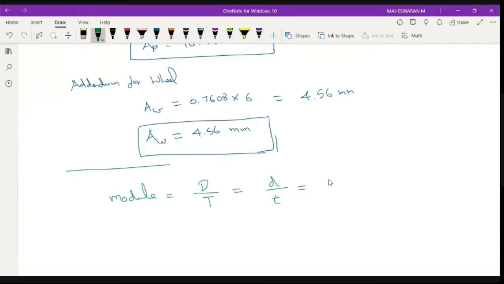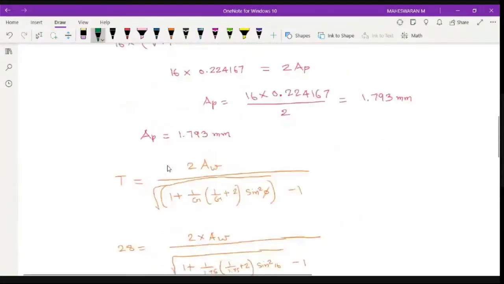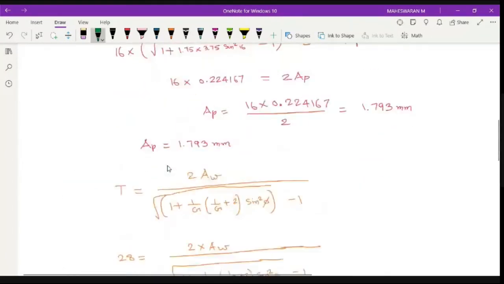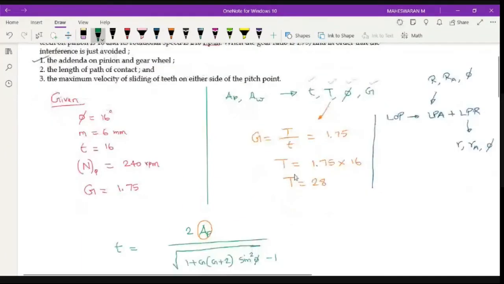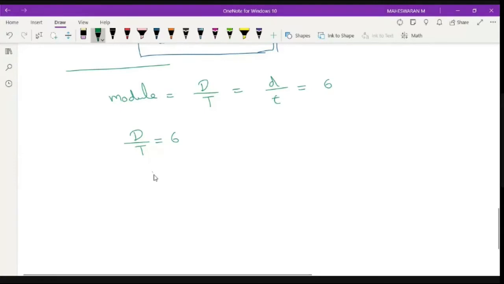So this is equal to 6, which means capital D by capital T is equal to 6. What is capital T? Capital T is given, which is 28. So D is equal to 6 into 28.